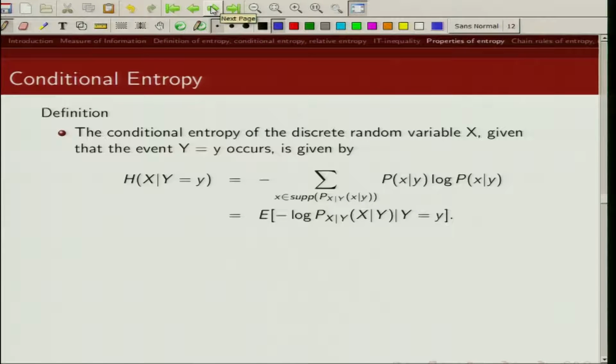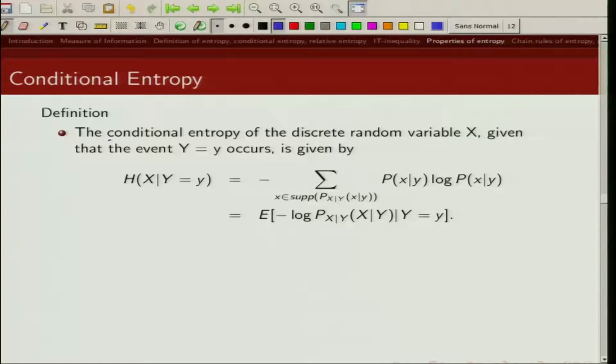Now, let us define what we mean by conditional entropy. The conditional entropy of a discrete random variable x given an event y equal to some y which has occurred is given as follows.